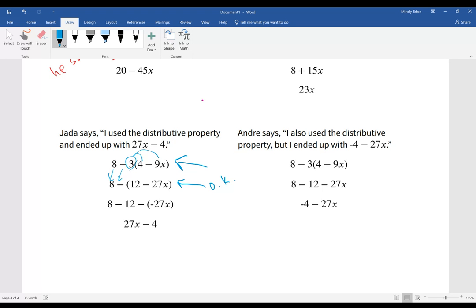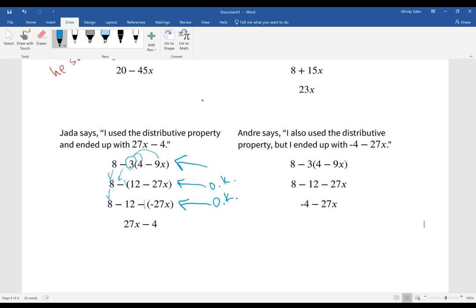So let's look and see what she did next. On my next step, she kept the 8, and it looks like she's getting rid of her parentheses. So she took negative 1 times 12, which is negative 12, and then negative 1 times negative 27. She didn't actually multiply them, but because she wrote them as she's going to multiply them, that would be okay too.